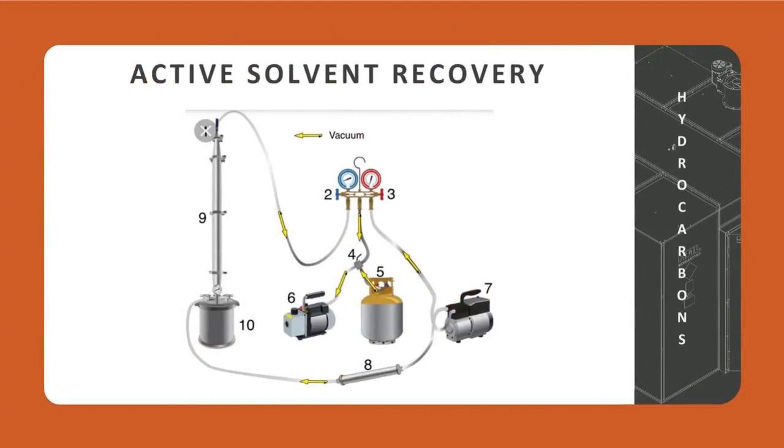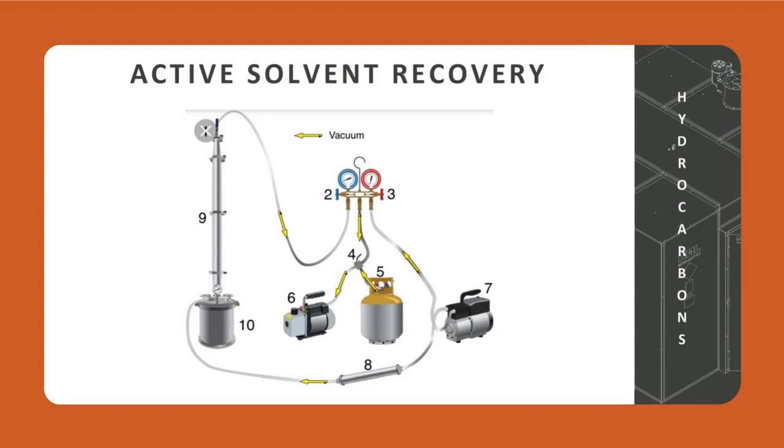So starting with hydrocarbon process improvements, the first one I want to start with is very straightforward. It's active solvent recovery. Typically closed loop hydrocarbon systems exist in really two main categories: passive recovery and active recovery.